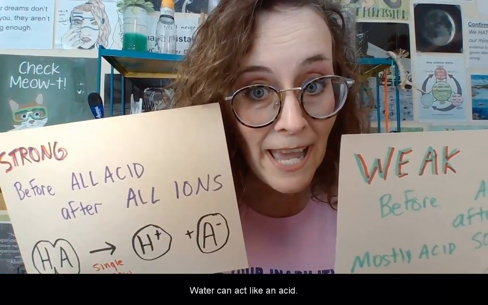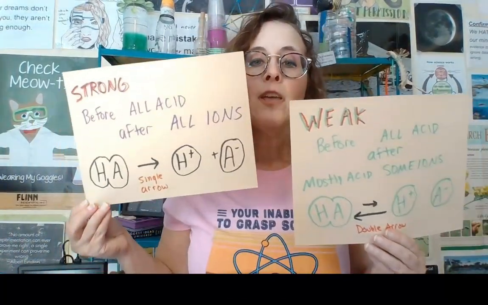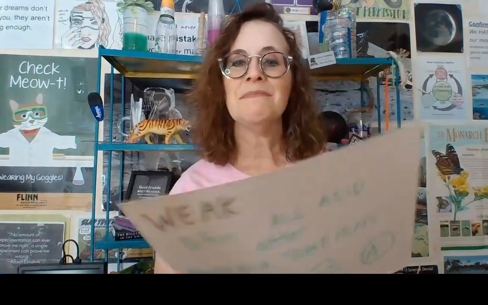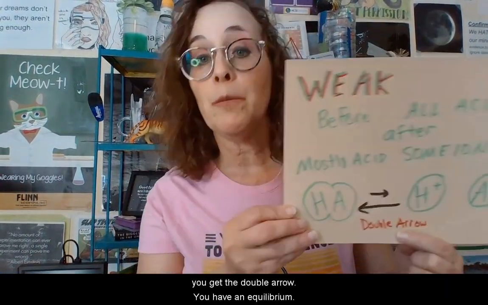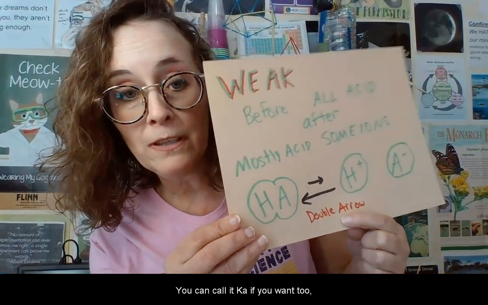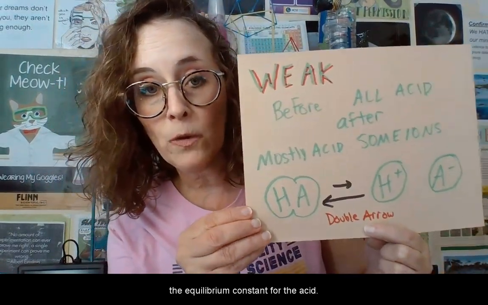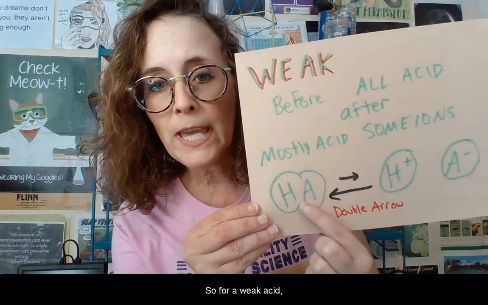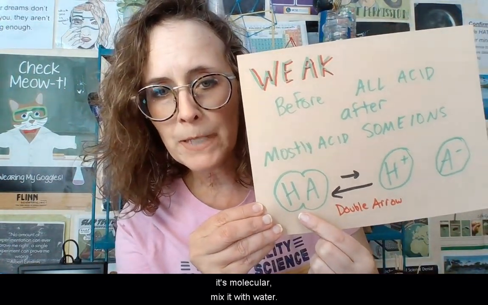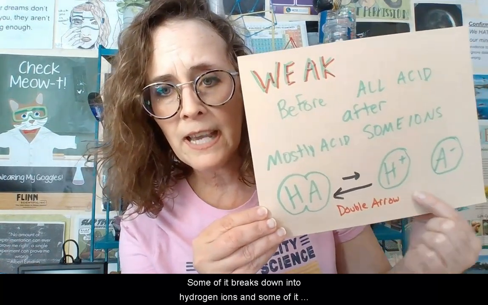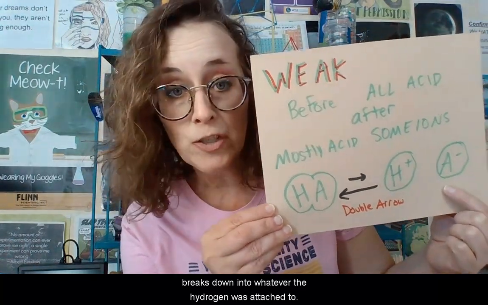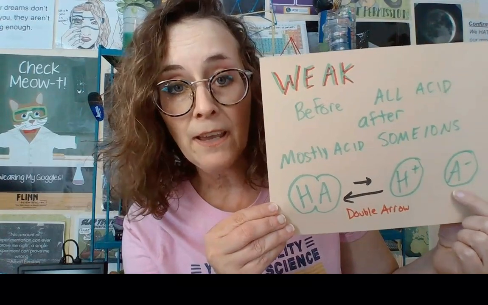Water can act like an acid. So with a weak acid, you get the double arrow, you have an equilibrium. You can call it Ka if you want to, the equilibrium constant for the acid. So for a weak acid, it's molecular. Mix it with water. Some of it breaks down into hydrogen ions, and some of it breaks down into whatever the hydrogen is attached to, the anion.